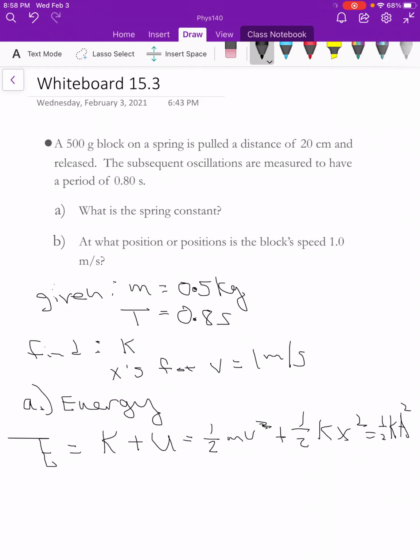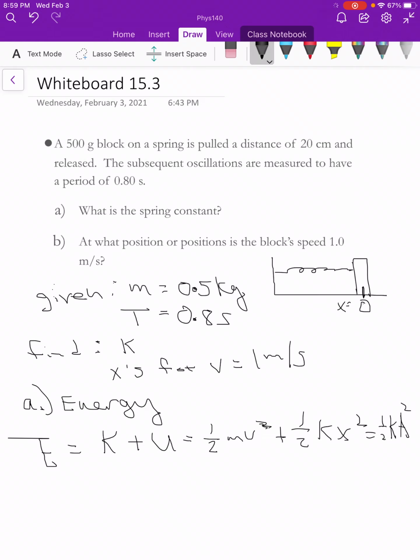So let's draw a picture first. Let's say this is a wall. This is my spring. This is my block. And when it's not stretched or compressed, we're going to say that that position is the equilibrium position, and we're going to say that is x is equal to 0. So that's my x equals 0.